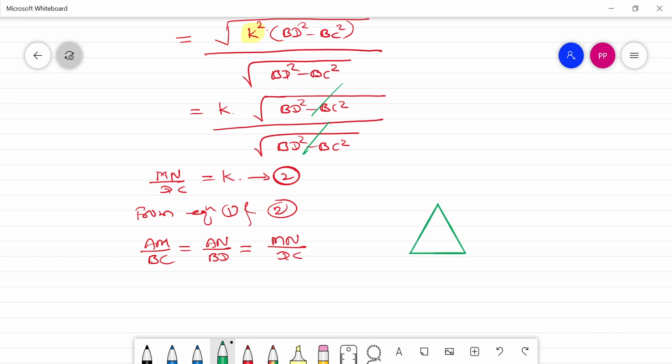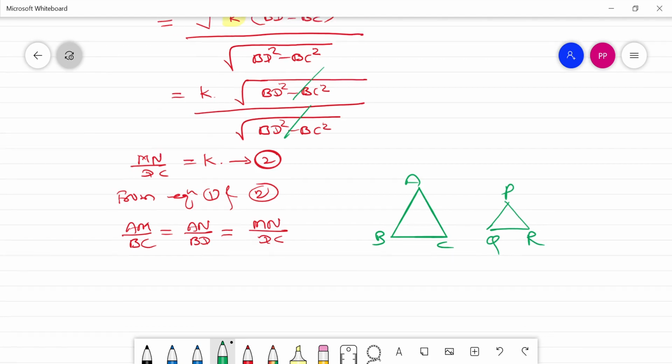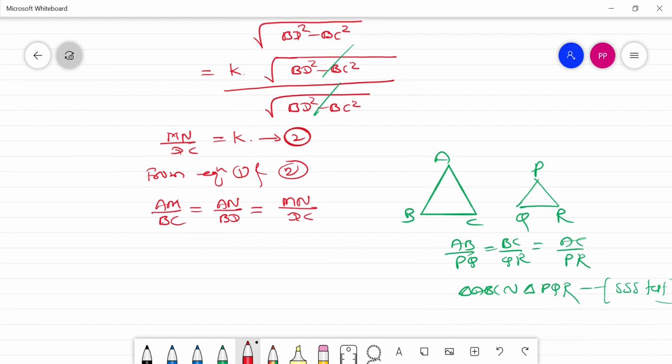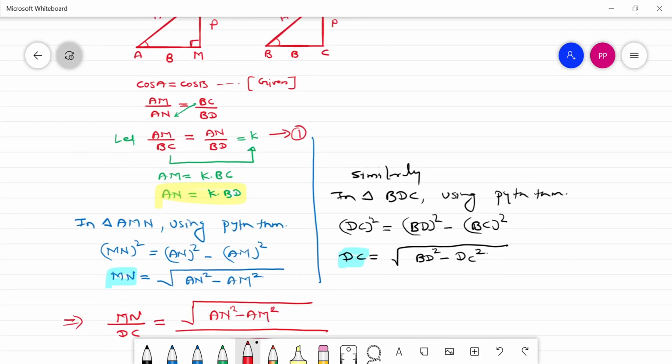In similarity, if there are two triangles, say ABC and PQR, and the ratio of all three sides are equal, so AB by PQ is equal to BC by QR is equal to AC by PR, so we say that triangle ABC is similar to triangle PQR by which test? SSS test.